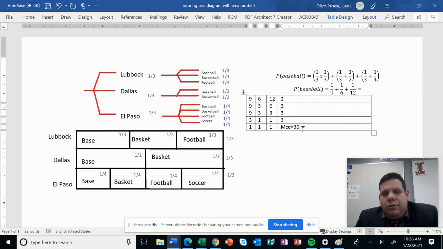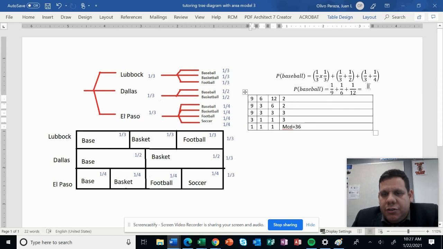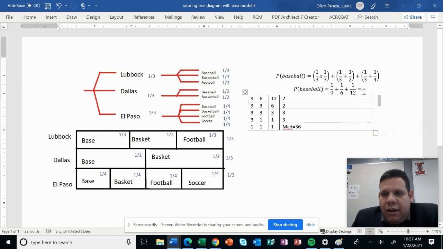That is the reason why I told you at the beginning that this is about 36 people or a multiple of 36, because this is the minimum common denominator. With this we are able to finish the addition of these fractions. So if I go again to the baseball part, now I know that the common denominator is actually 36.